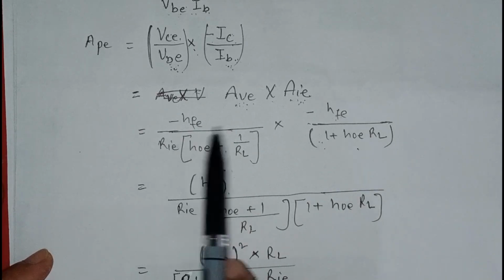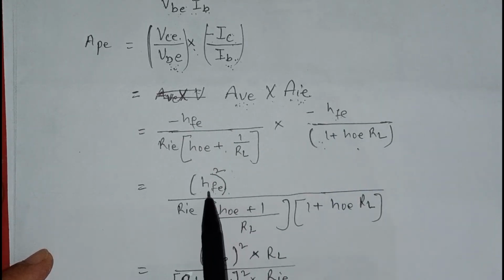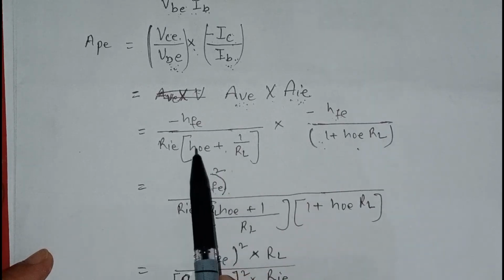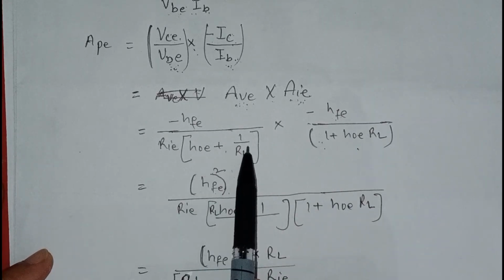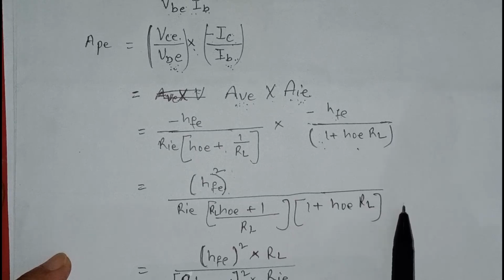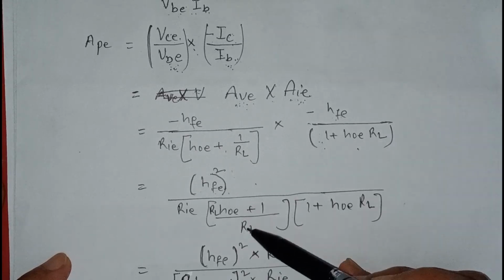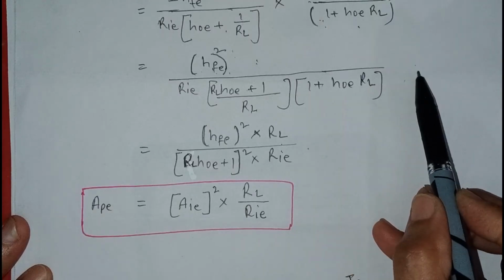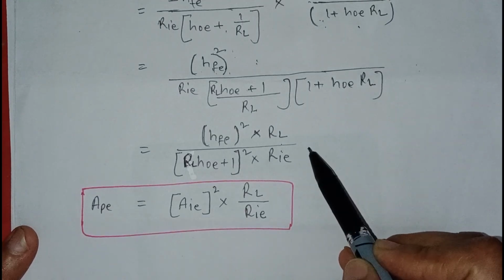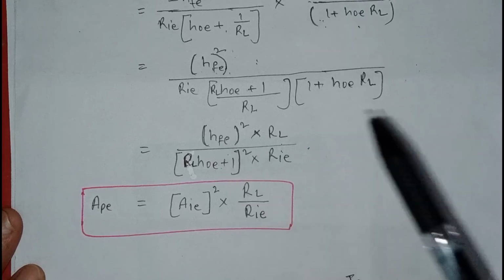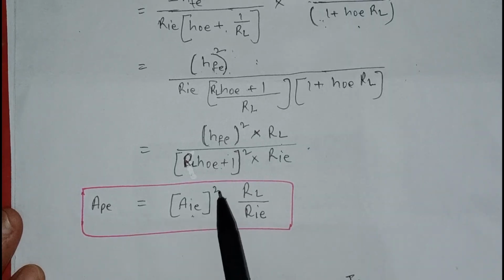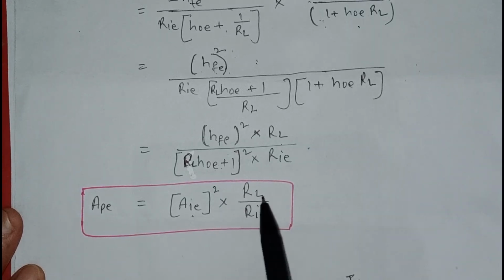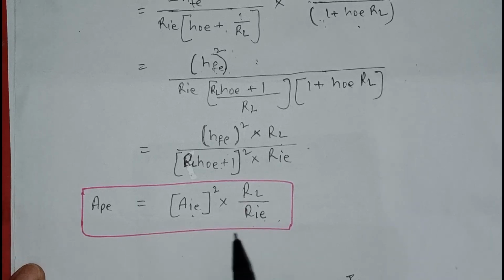Now HFE multiplied by HFE will be HFE square. Now we will take the LCM of these two terms. Now we will take this RL in the numerator. After solving this equation, we get this expression. So we can write AI square here, multiplied by RL upon RIE. This is the final expression of overall power gain.